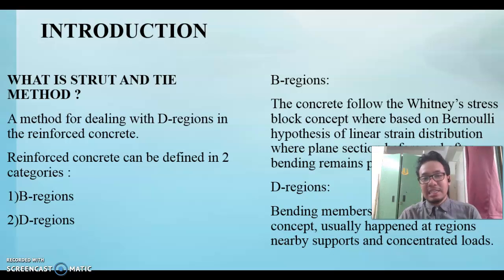B regions follow the weakness stress block concept based on the Bernoulli hypothesis of linear strain distribution, where a plane section before and after bending remains plane. D regions are bending members that do not embrace the concept, usually happening at regions nearby supports and concentrated loads.